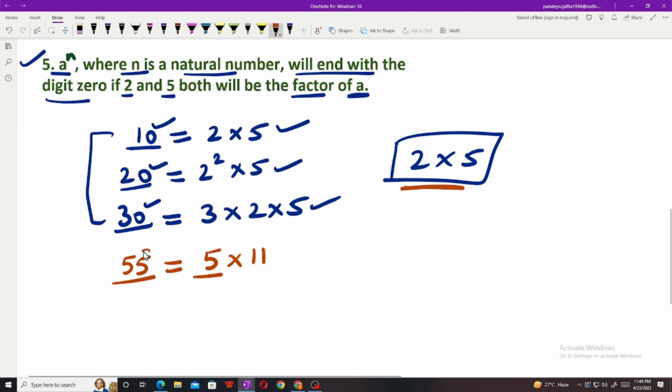So this is not ending with the digit 0. So I think it is clear to all. If the numbers have both 2 and 5 as a common factor, then they end with the digit 0. And if the numbers do not have both 2 and 5 as a common factor, then it will not end with the digit 0. So let's take the example.